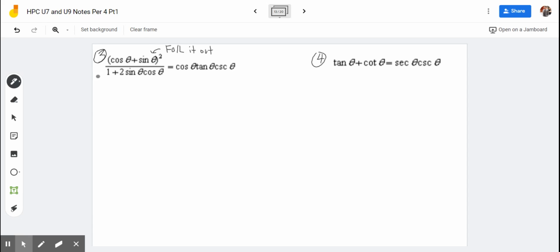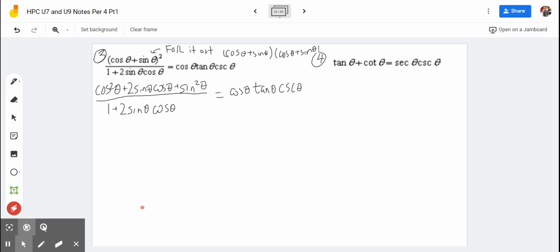Remember, this is really cos theta plus sine theta times itself. So as you're FOILing it out, just keep in mind that this is what you're multiplying together. Okay, so I'm going to write it out here on the bottom.